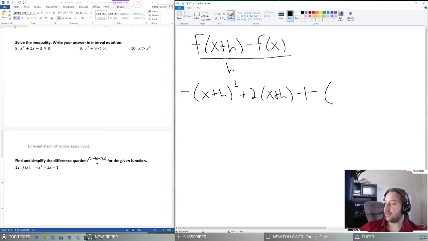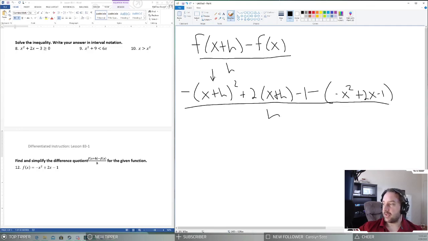Minus my f of x. That's all over h. And so multiply this out, distribute, right? That negative distributes. And then all the values that have x's are going to cancel out. And then eventually you're going to have only terms with h. Factor out the h. And you're going to see how it's going to cancel out with this value here.